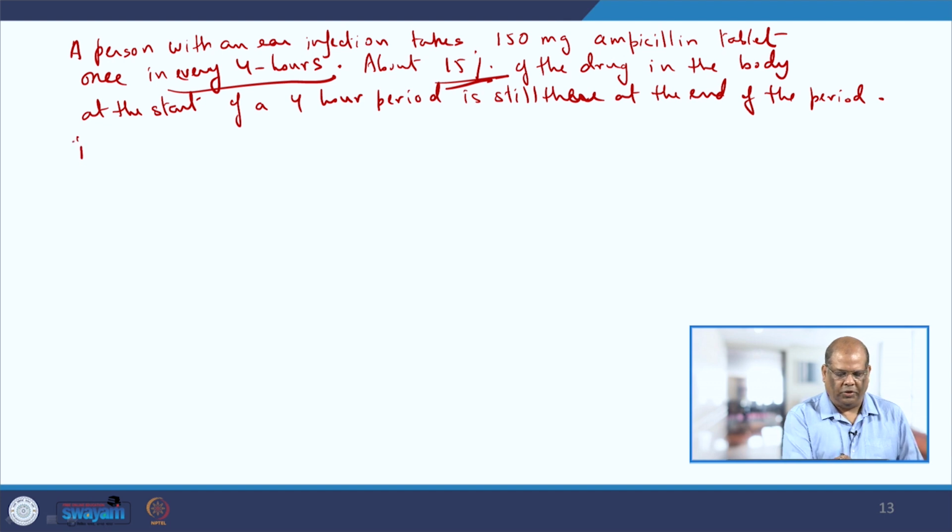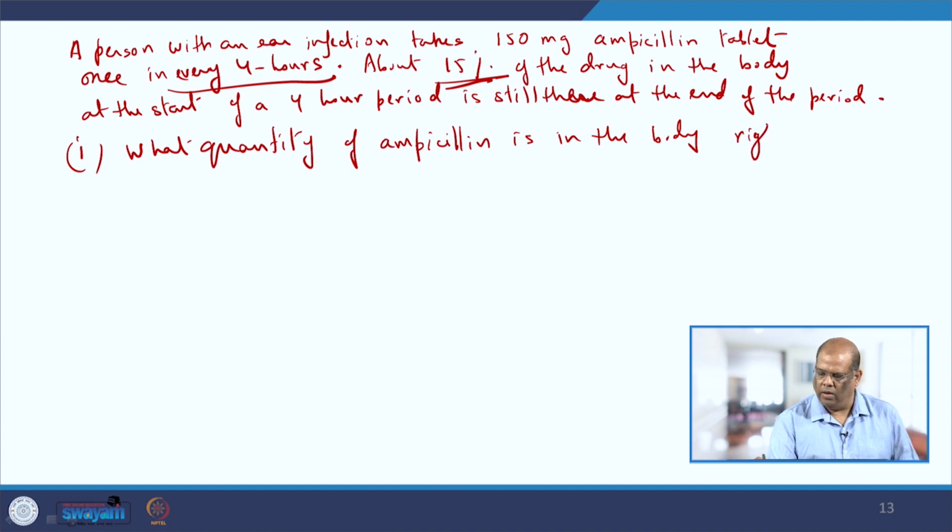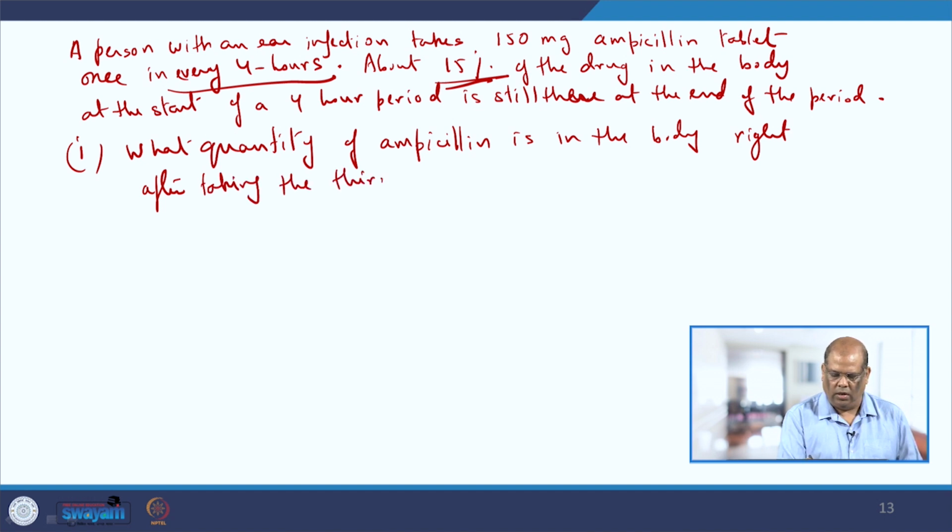So, the first question which we ask: what quantity of ampicillin is in the body right after taking the third tablet?